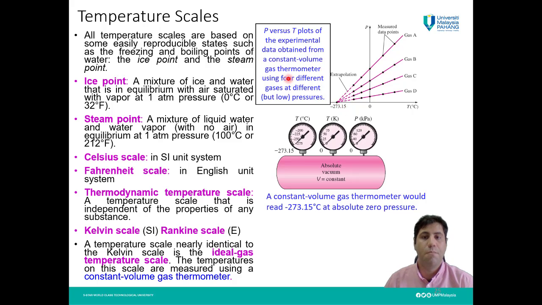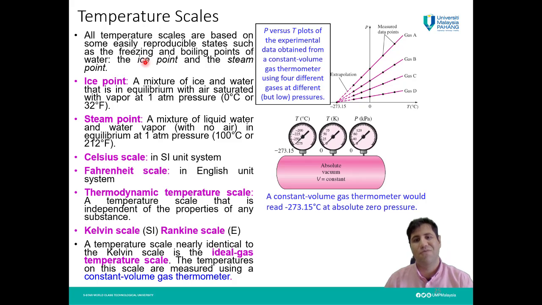And how do we measure temperature? All temperature scales are based on some easily reproducible states, such as the freezing and boiling point of water. In other words, why do we say the temperature today, for example, is 20 degrees Celsius? Where is the source for the Celsius? How can we define that?